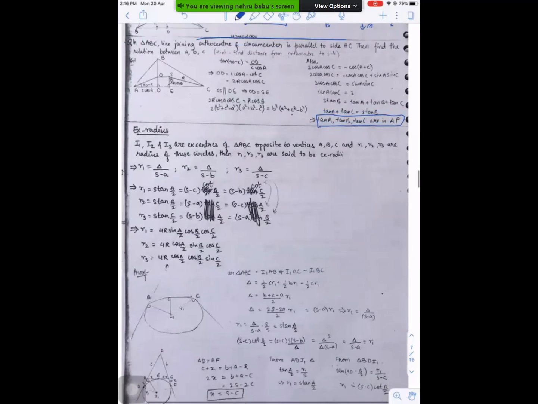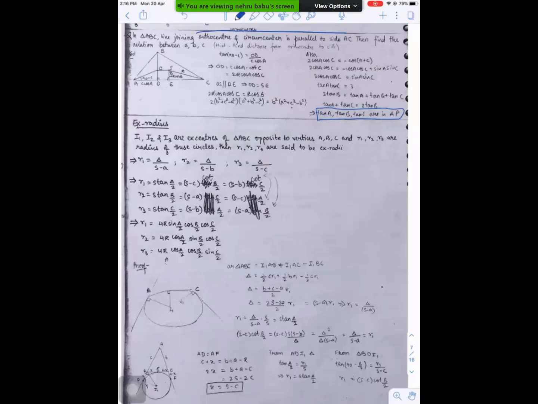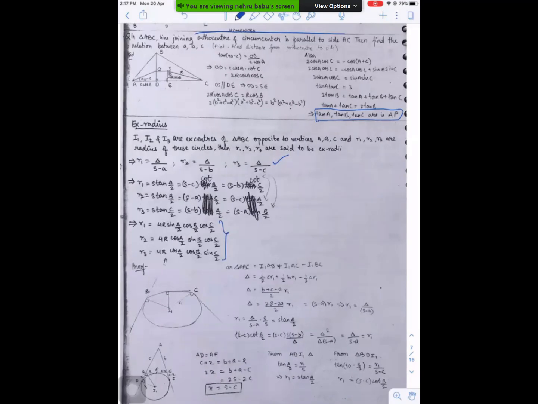And next, similarly, the exradius formulas. R1 equal to delta by s minus a, R2 equal to delta by s minus b, R3 equal to delta by s minus c. This result. In the same way, second priority is for this formula: R1 equal to 4R sin A by 2, cos B by 2, cos C by 2.